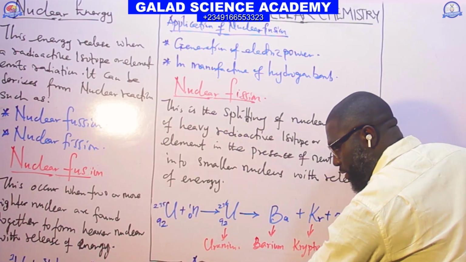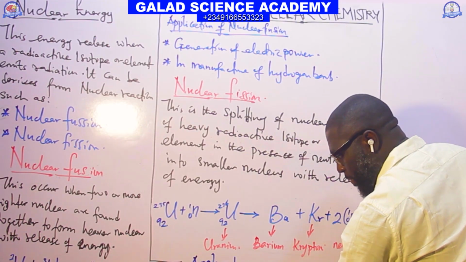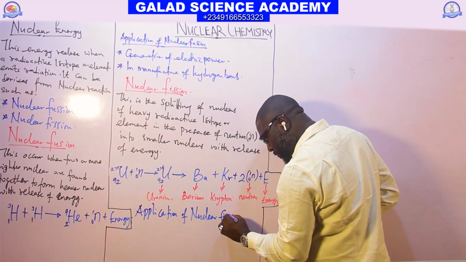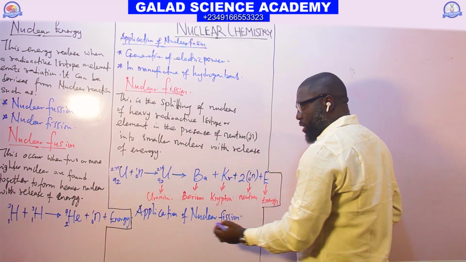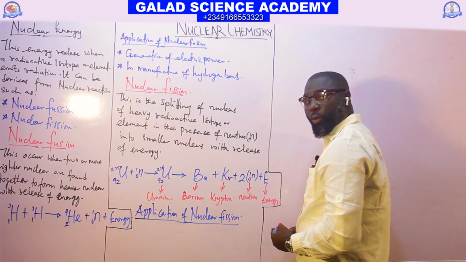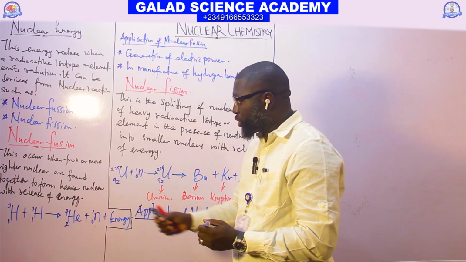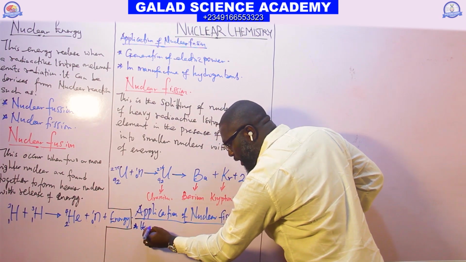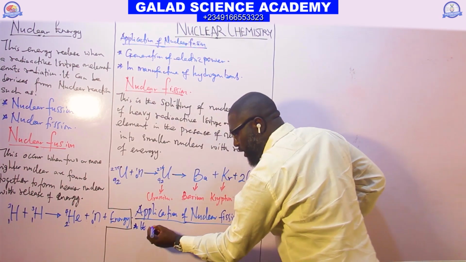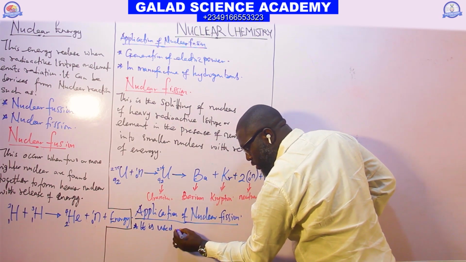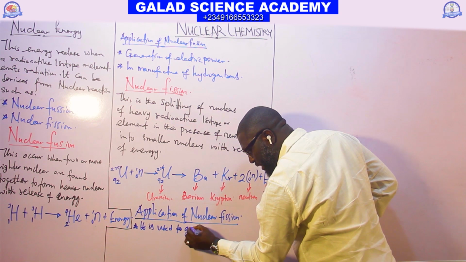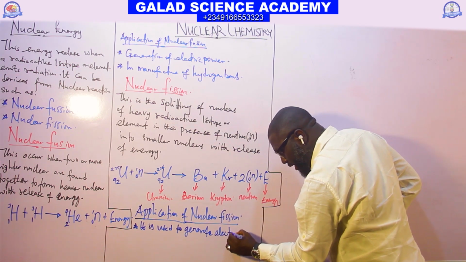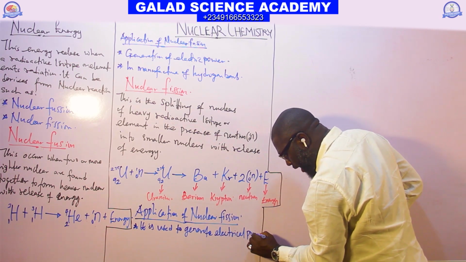The application of nuclear fission. The first one we did was nuclear fusion. So for nuclear fission, the first application is that it is used to generate electrical power.